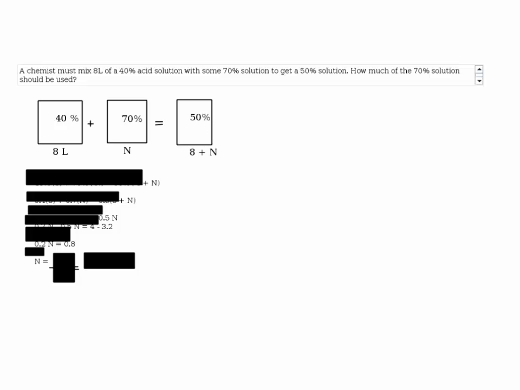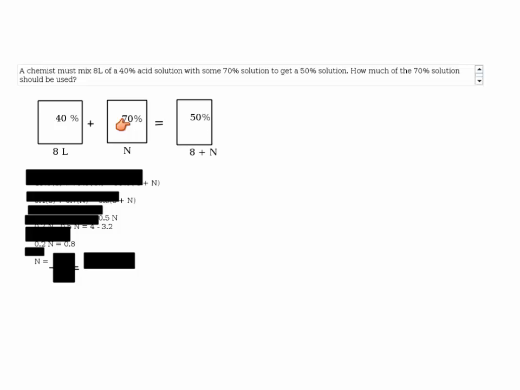Okay, the formula is right in front of us, right? Go ahead. Yeah, 8 times 0.40 plus N times 0.70 equals 0.50 times 8 plus N. Right, very good.